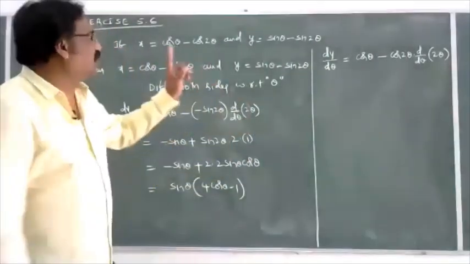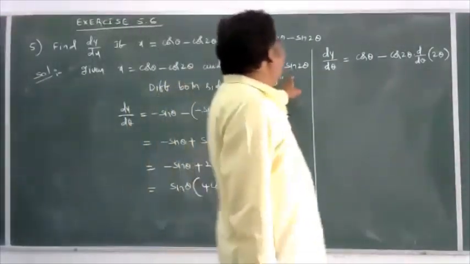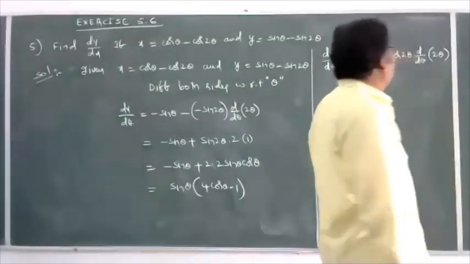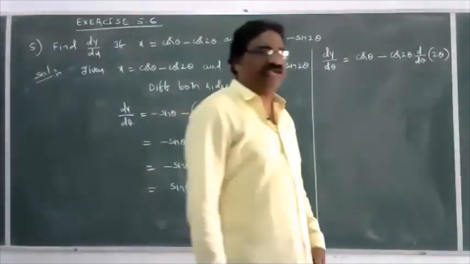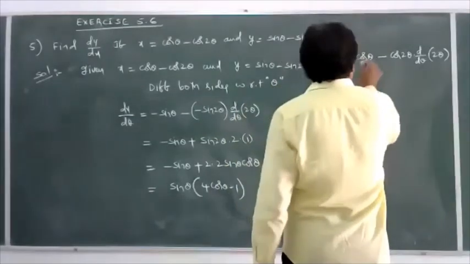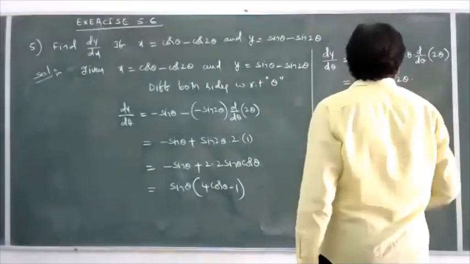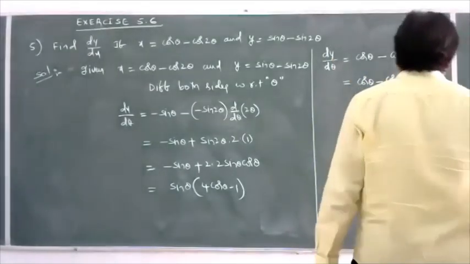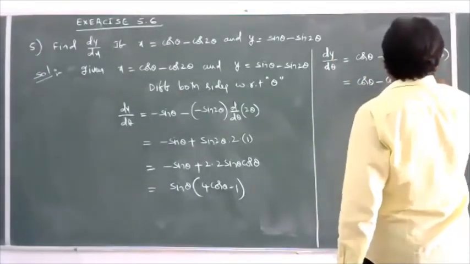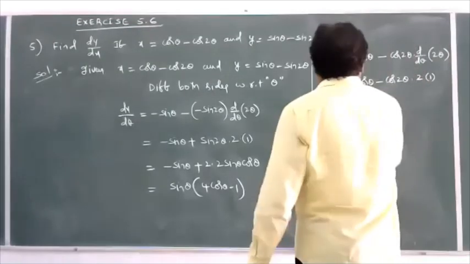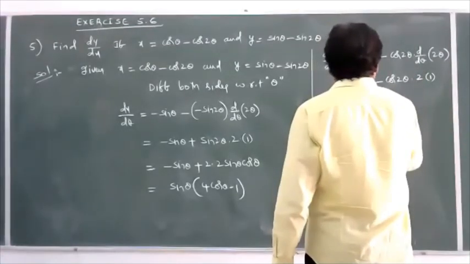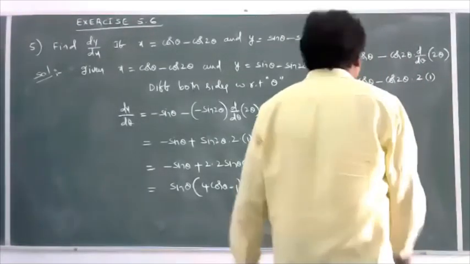That is cos theta minus cos 2 theta into 2 theta derivative, what? 2, 2 into theta derivative 1. That is cos theta minus 2 cos 2 theta.